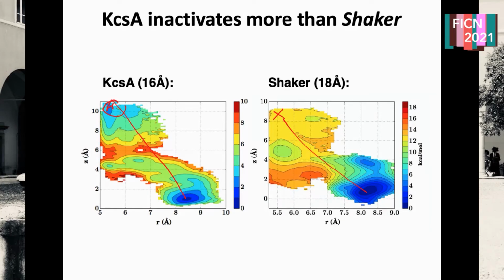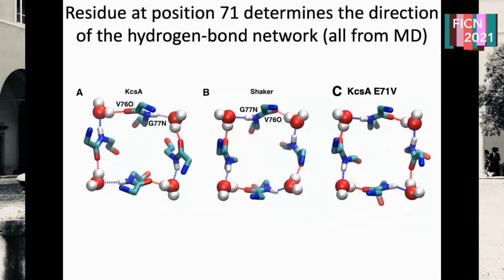Shaker inactivates, but quite a bit less deeply than KcsA. I think KcsA is more like 10% the depth of inactivation of wild type KcsA. The depth of inactivation of Shaker may be more like 50%-ish, 60, 50%, maybe 40%. It depends how it's being measured, but it's not as deep.